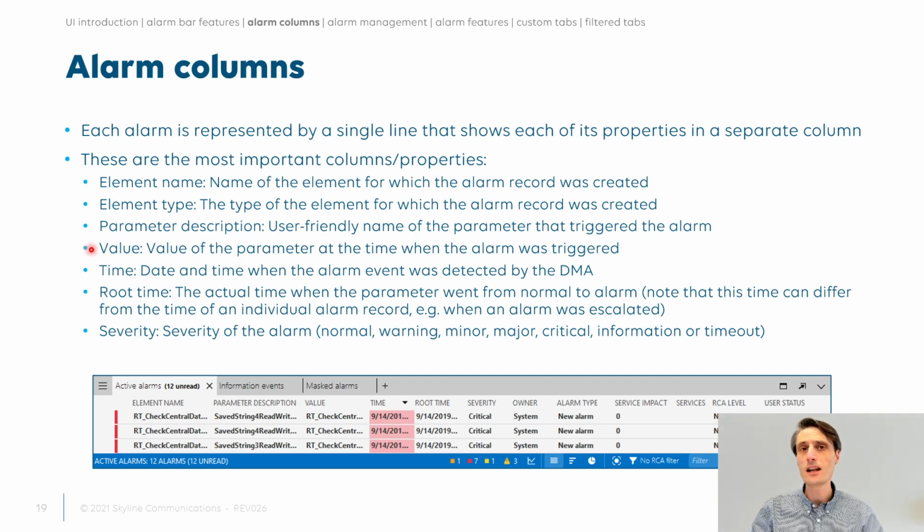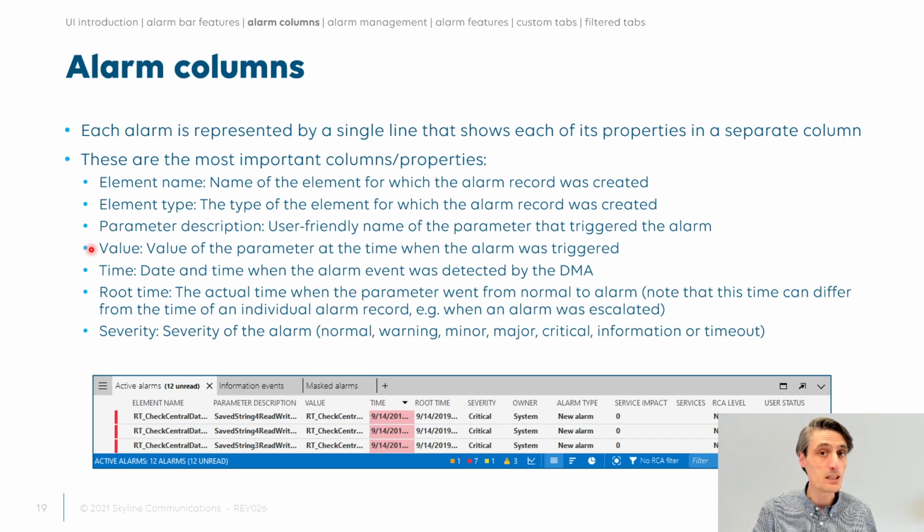Next is the value, and the value is important because we need to know when the alarm happens, of course, what the reason is why the alarm is happening, but also note that the value is being taken at the moment when the alarm is being generated. Meaning, if I have an alarm happening this morning at 8 o'clock because the temperature is getting too high, it could be at 30 degrees, but maybe in the meantime, it's already 33 degrees.